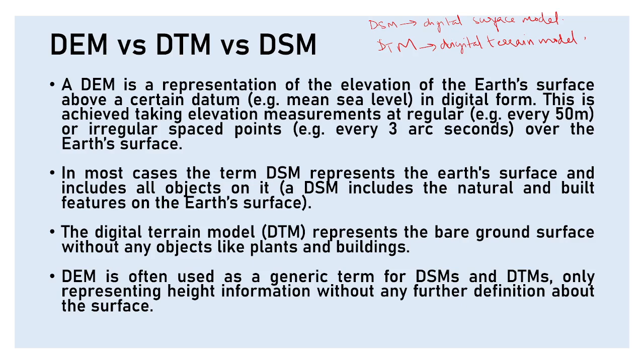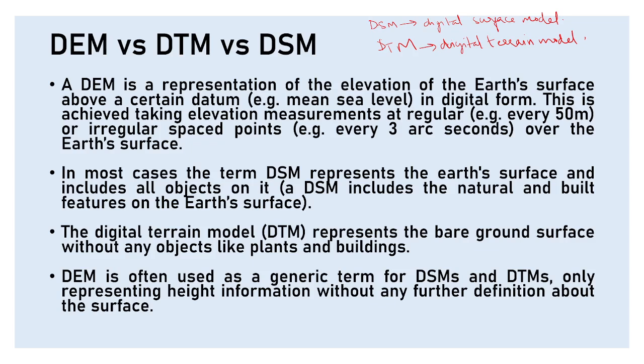Even if there are plants or buildings, it doesn't matter. It will only represent the bare ground surface. Which one? The DTM, digital terrain model. However, DSM will take into account all the other features like the vegetation, natural features, and even the built features.